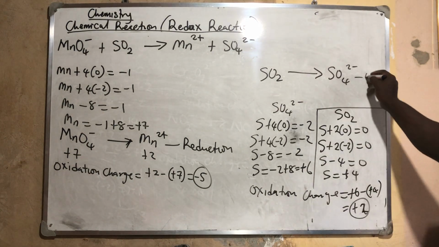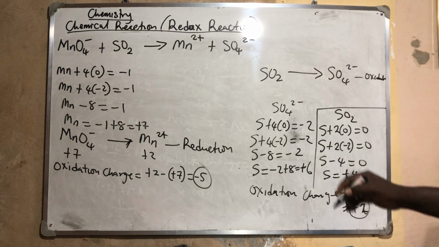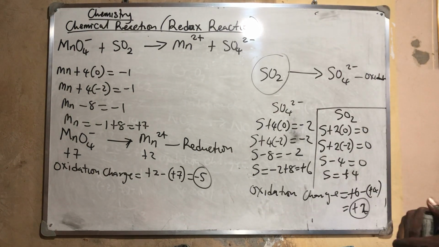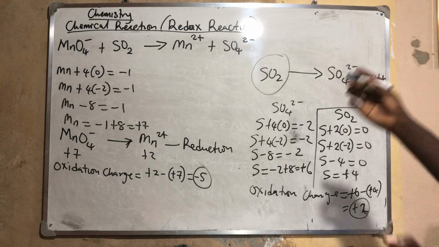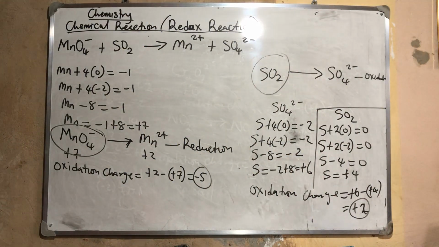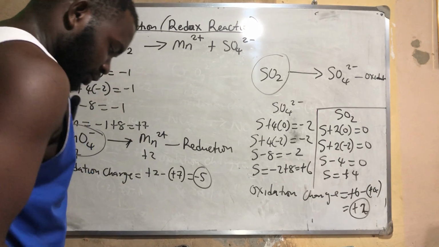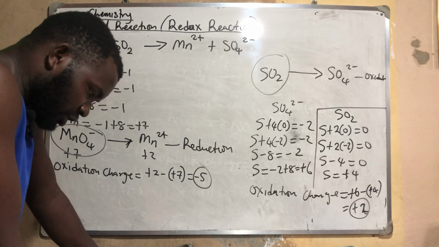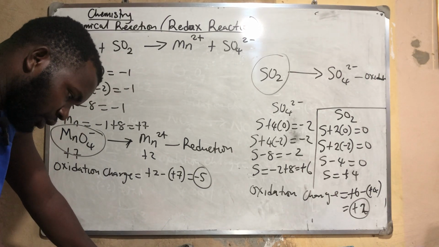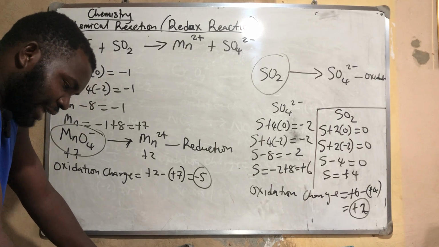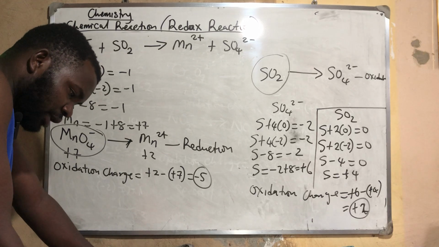So these ones are what? Oxidation. So the reactant of oxidation is called what? Oxidized species or reducing agent. The reactant of reduction is called reduced species or oxidizing agent. So that is that. So write for me the last one. Note, positive oxidation charge means oxidation. The reactant of positive oxidation charge is called oxidized species as well as reducing agent.